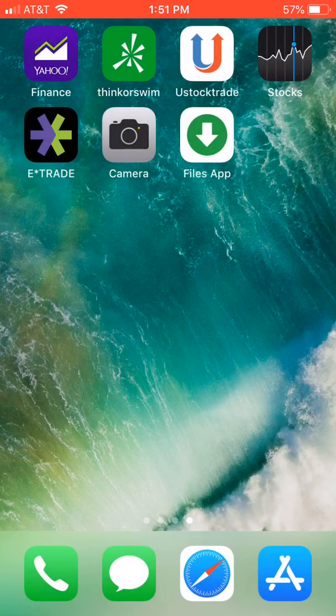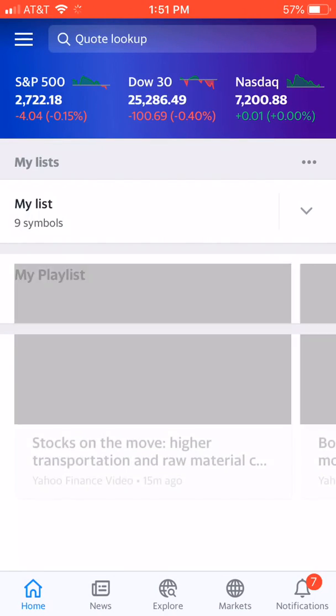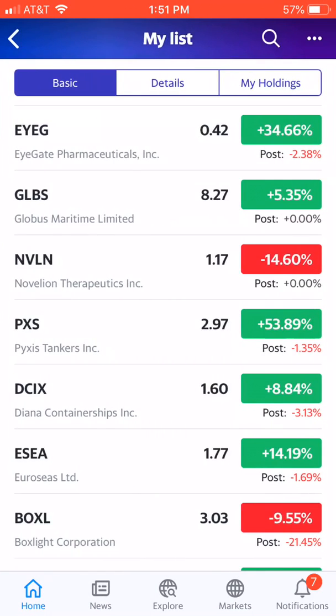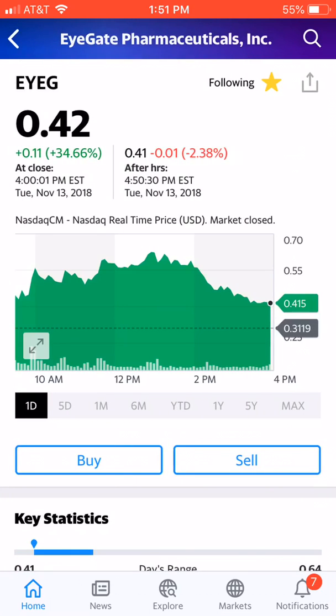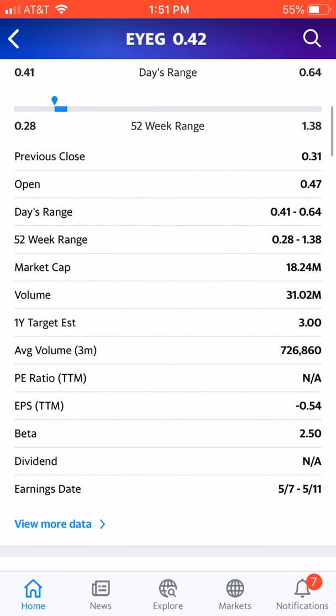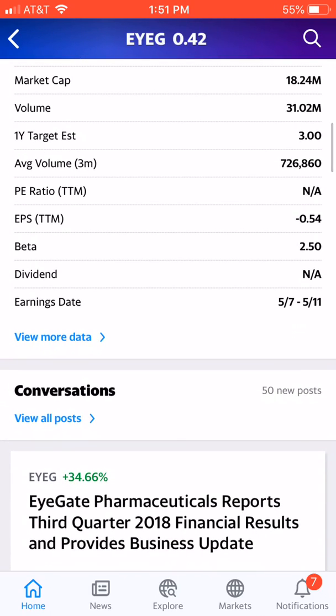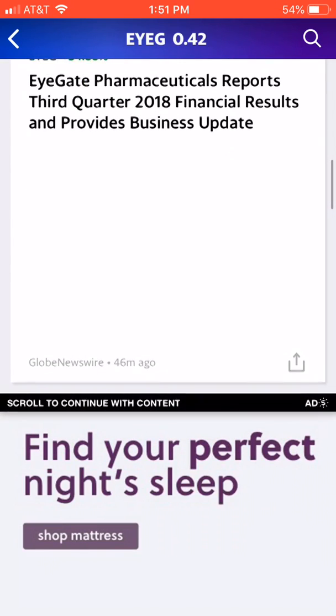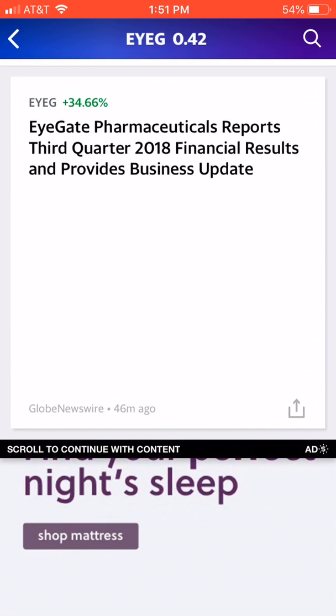And then if we look at Yahoo Finance, the catalyst on EYEG, so pharmaceuticals, market cap under 30 million, and then here EYEG.